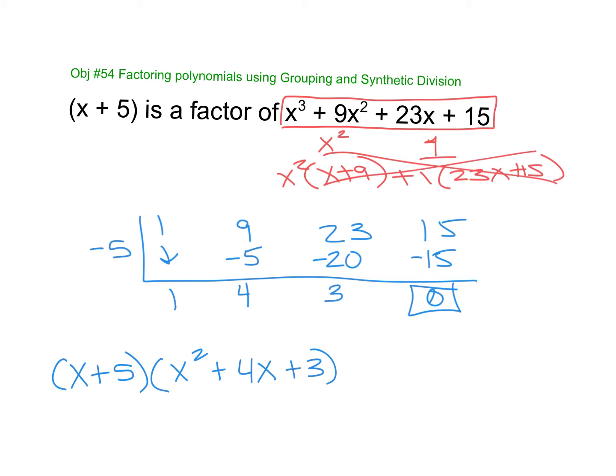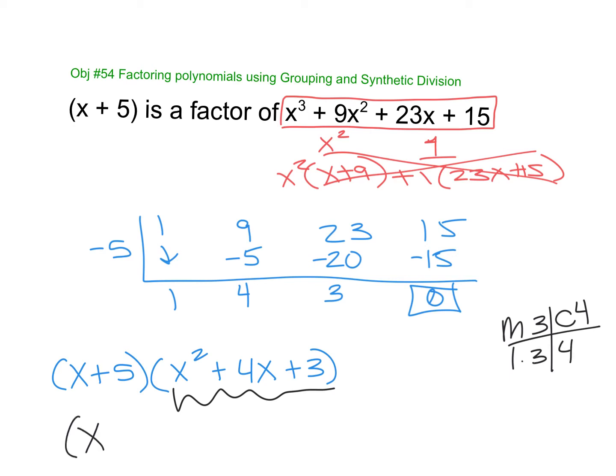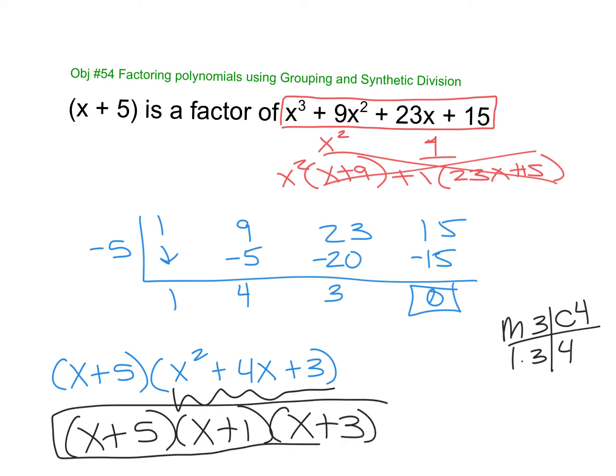We can factor again, but instead of dots, what is it? This is an MC chart. This guy on the right that we got, that's factorable. What multiplies to 3 and combines to 4? 1 and 3. Right? So typically what happens with these is you're left with an MC chart. So x plus 1 and x plus 3, and that's our answer. Right? So we just factored that polynomial.